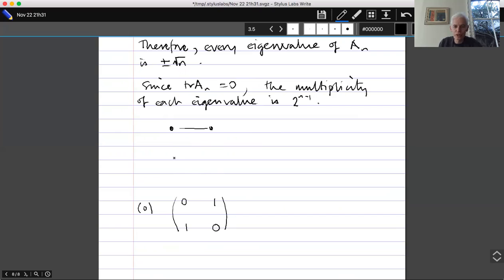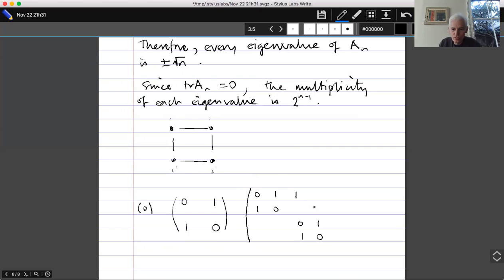Now, what do I do to create a 2-dimensional cube? I'll create a copy of this thing, and then I'll join corresponding vertices by edges. So I have a copy of the top 1-dimensional cube, and another copy of the 1-dimensional cube. And then these edges join top vertices to bottom vertices, so if that's vertex 1, vertex 2, then I've got vertex 1 prime, vertex 2 prime.